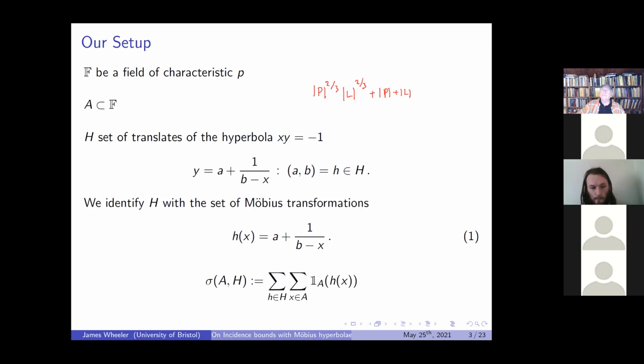Finally, at the bottom, we're using this sigma notation, sigma A of H. This is just the number of incidences between our point set A times A and our hyperbola H. We can write this as a sum should we desire. If we put a point of A into our transformation, we get a 1 if we get a point of set A out, and we don't add anything otherwise. So cool.